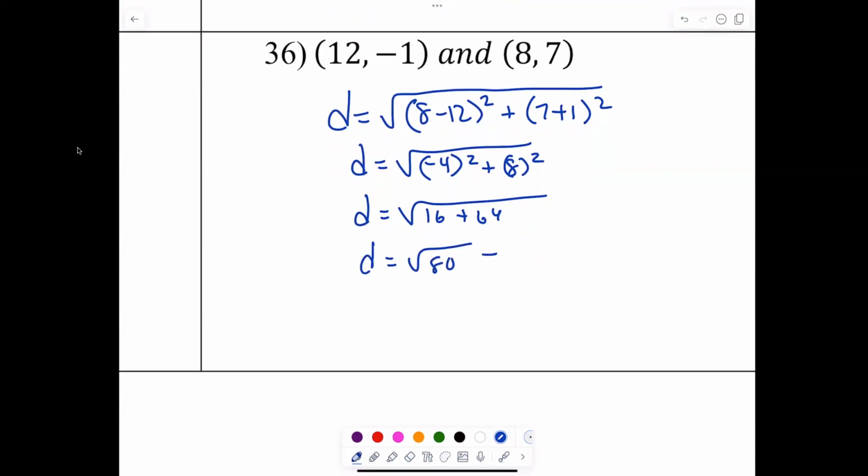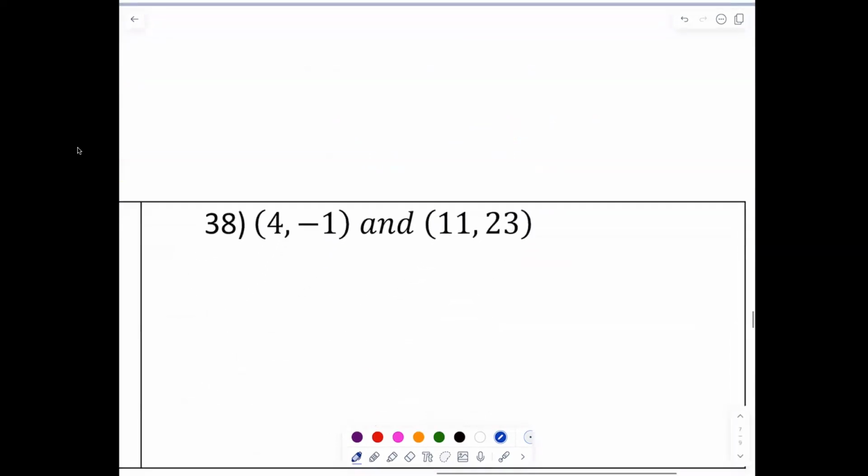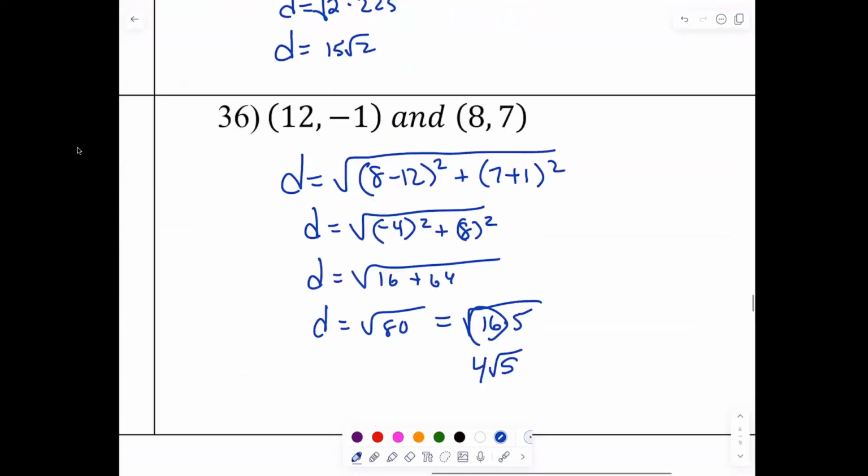The square root of 80. What was 80? Sixteen times 5. What's the square root of 16? 4 radical 5. Anybody have a problem with that? Maybe one more of those.